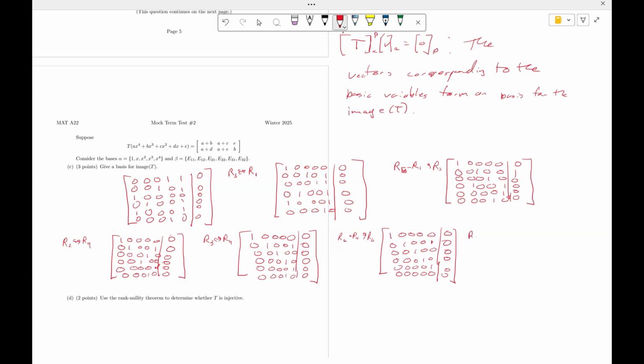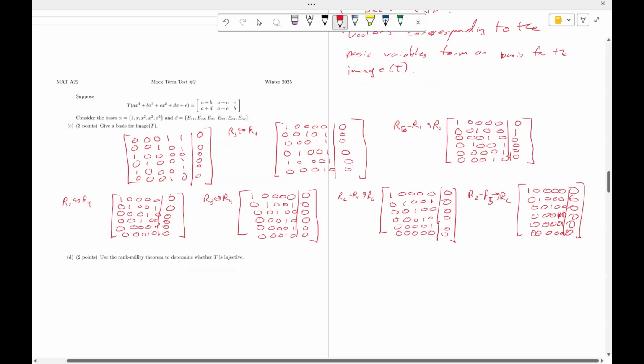So R2 minus R5, replacing R2, gives 1, 0, 0, 0, 0, 0, 0, 1, 0, 0, 0, 0, 0, 1, 0, 0, 0, 0, 0, 0, 0, 1, or 0, 1, 0, 0, 0, 0, 0, 1, 0, 0, 0, 0, 0, 0, 0.